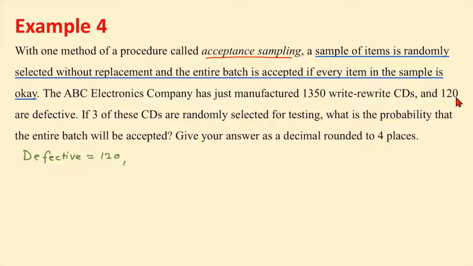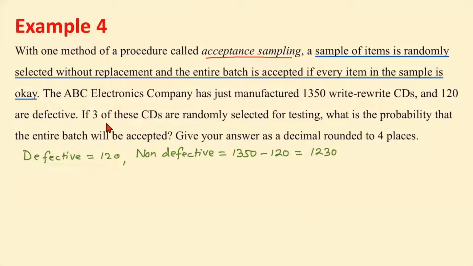So non-defective, or the good ones, will be equal to the total 1,350 minus 120, which is 1,230. These are the good CDs. We have 1,230 good CDs in the batch out of the total 1,350.